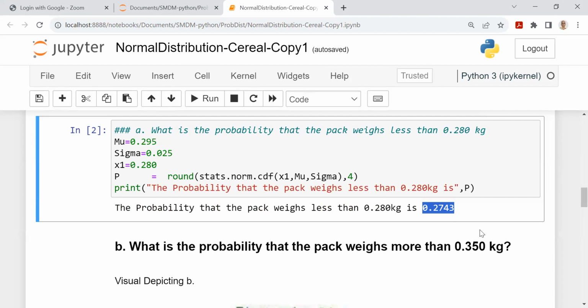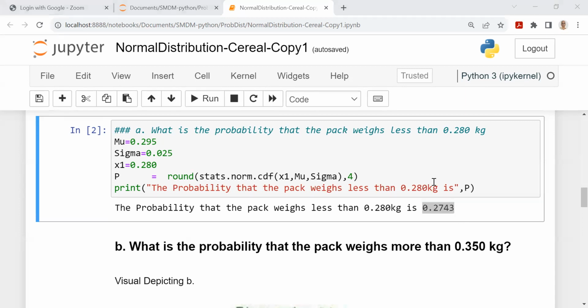In other words, the probability that the pack weighs less than 0.280 is 0.2743, or 27.43%. This answers the first part of the question, A.